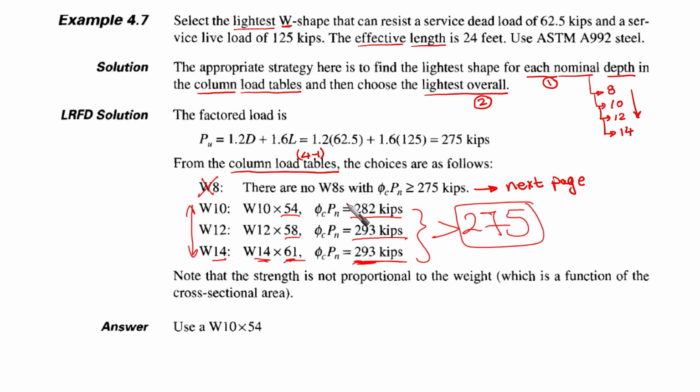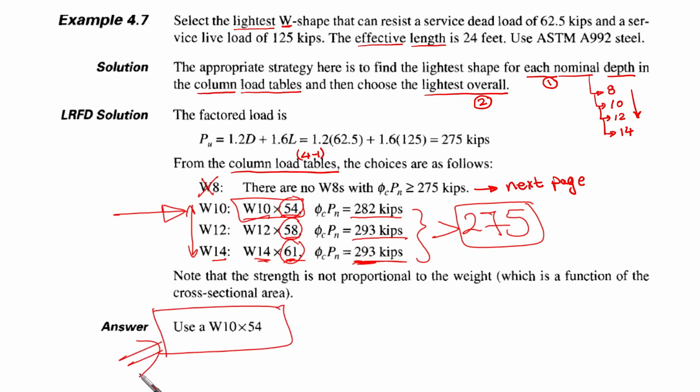So we are going to check which one is the least in terms of weight. The first section, the weight is 54 per unit length. Here 58 per unit length. Here is 61 per unit length. So we are going to use the least one, which is exactly W10 by 54. And this is our final design section.